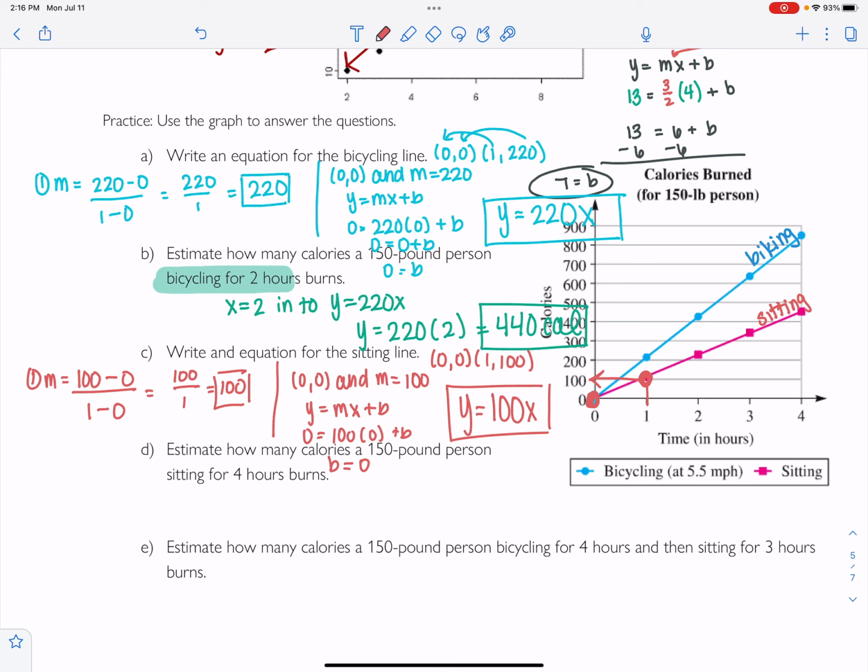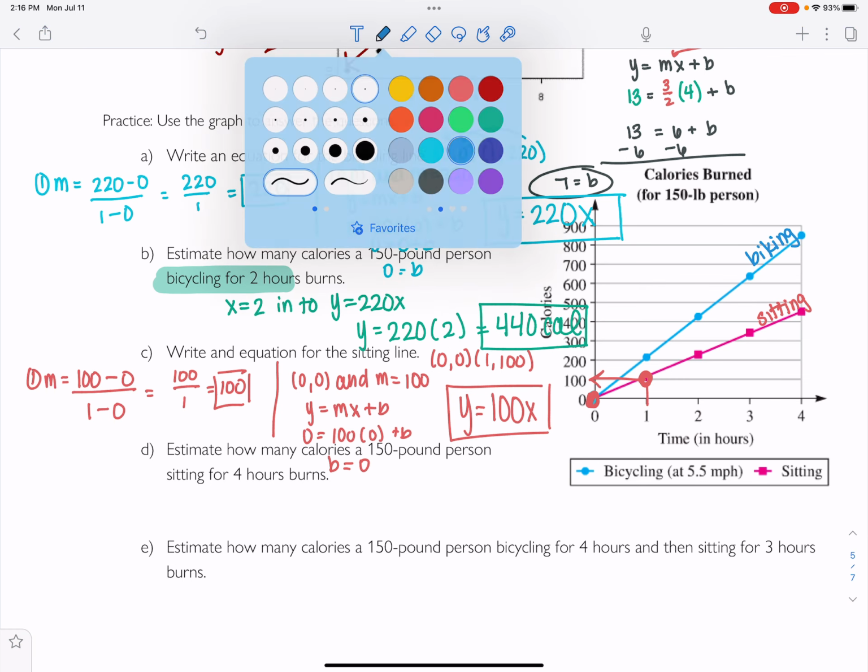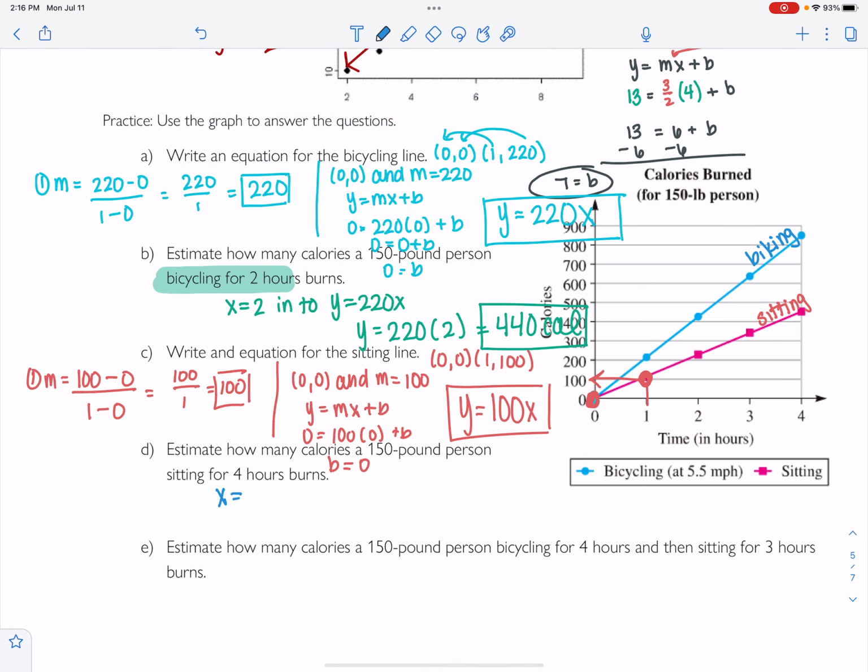And then part D says, estimate how many calories a 150-pound person burns sitting for 4 hours. So again, I'm going to do similar to what I did before, except I'm going to plug in x equals 4 to the sitting equation, y equals 100x.